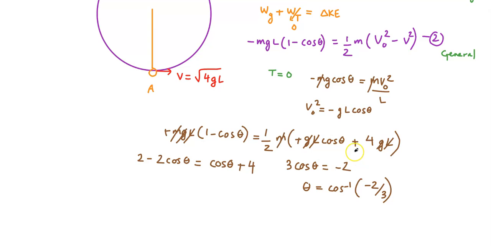Now what does this tell us? If theta is cos inverse of a negative number, that means theta lies between pi by 2 and pi. Cos inverse of minus 1 is pi, but this is going to be less than pi.